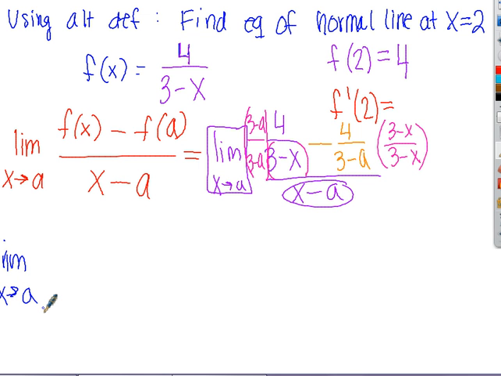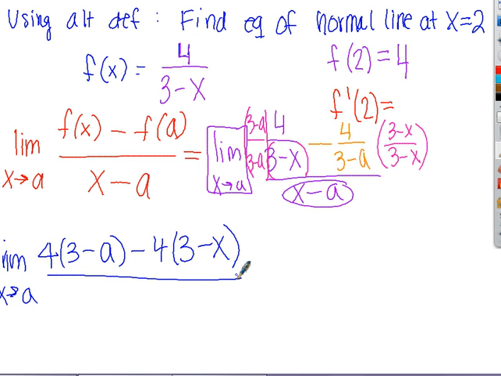Alright, so I get 4 times 3 minus a in the numerator. I get minus 4 times 3 minus x. I'm just cleaning it up so you guys can see it better. The denominator, it really bothers me when you guys don't use your parentheses because it gives you wrong answers later.